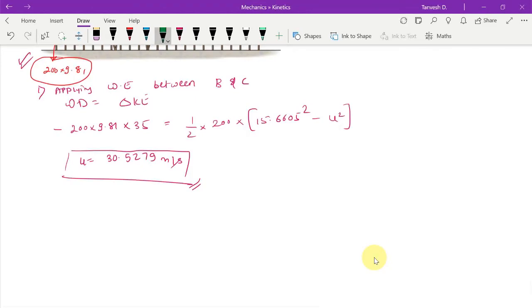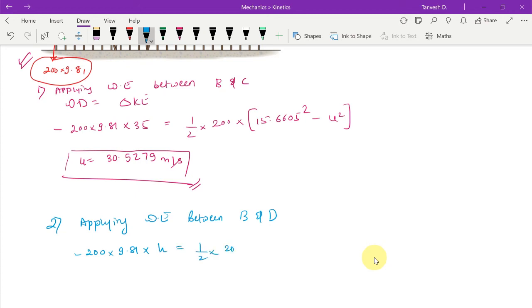So applying work energy between B and D, it is minus 200 into 9.81 into H is equal to half into 200 into, so we know the initial velocity now, it is 30.5279.